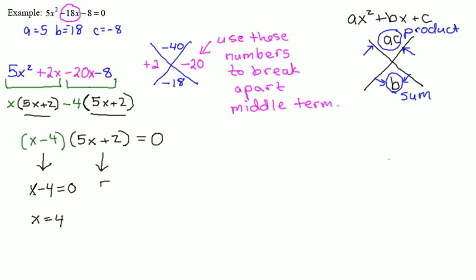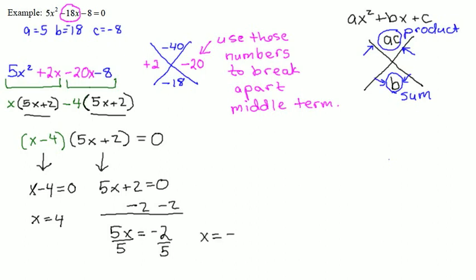The 5x plus 2 equals 0 might be a little bit more complicated, so let's go ahead and go through the steps on this one. We'll subtract 2 from both sides, and then we'll divide both sides by 5 in order to get x equals negative 2/5.